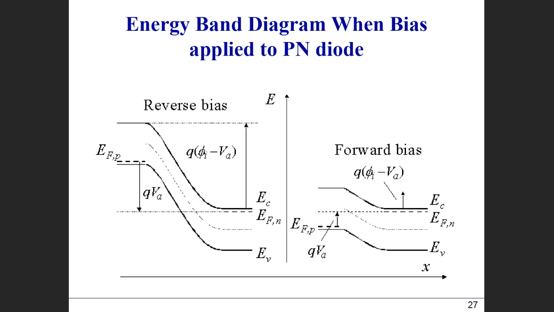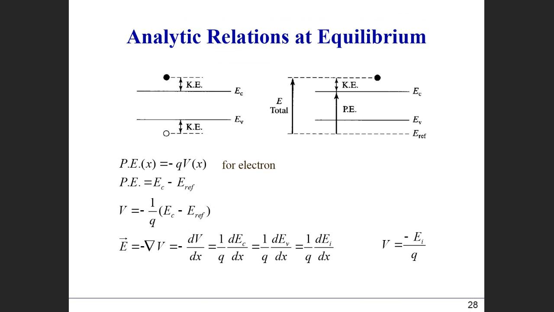Okay, that's good. To understand this one, as I mentioned, we need to go back for a moment. So when you have, for example, this general energy band diagram, when you apply the negative potential, the energy increases in this direction. When you apply the positive potential, the energy increases in this direction.